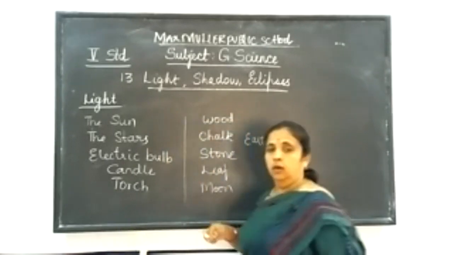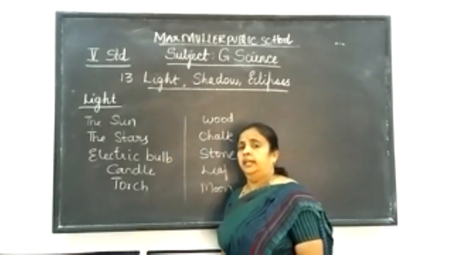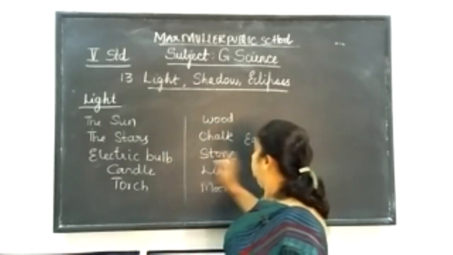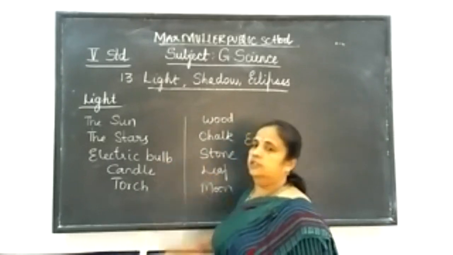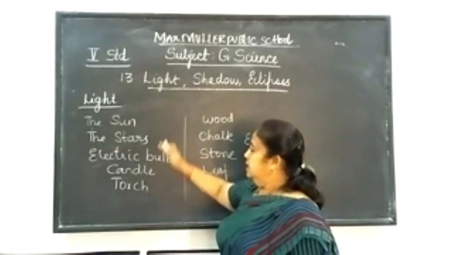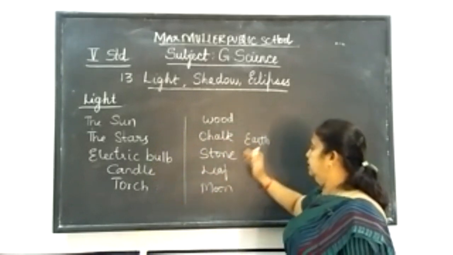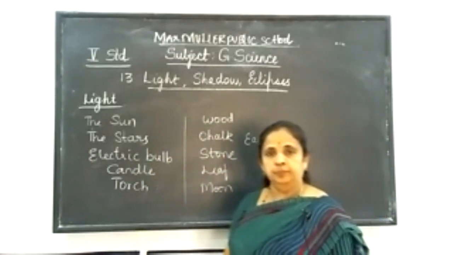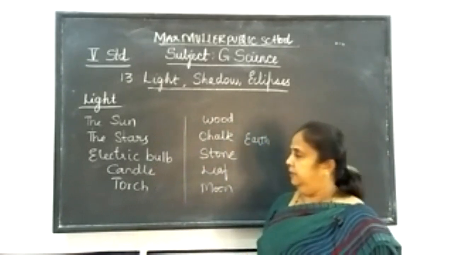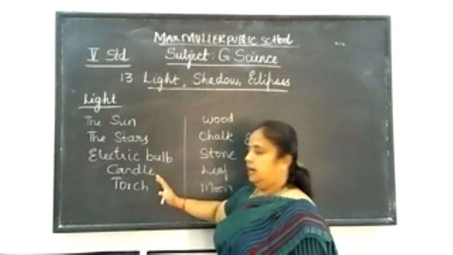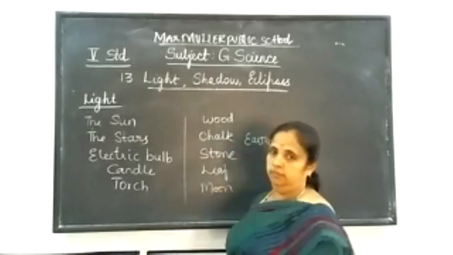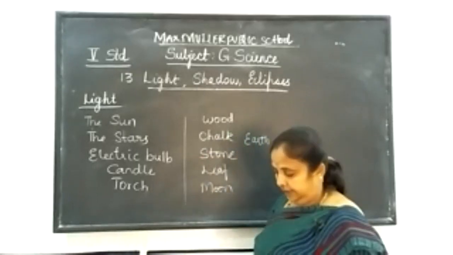Now, do you find any difference between the two columns? Here I have listed sun, stars, electric bulb, candle, torch, and here I have listed wood, chalk, earth, stone, leaf, moon. So why have I put a few things in this column and these things in that column? I think you have all understood.